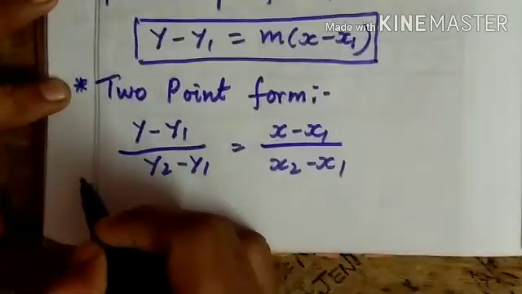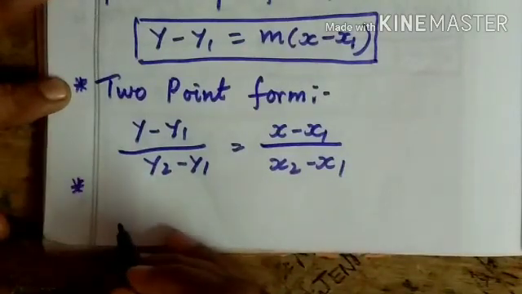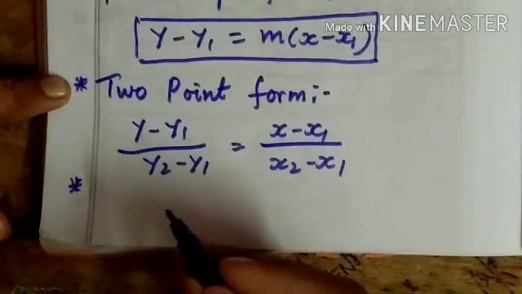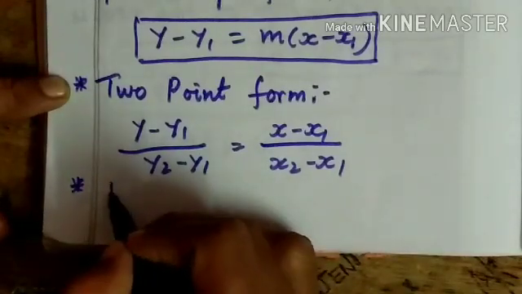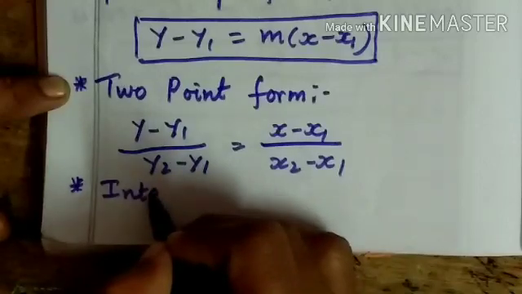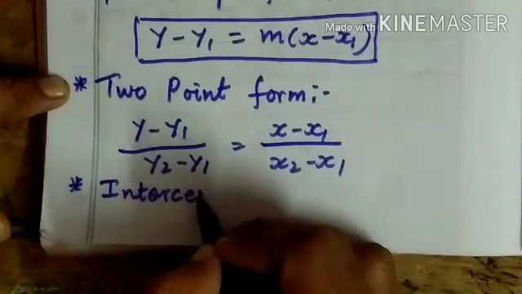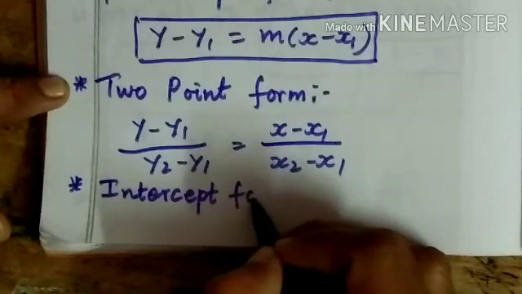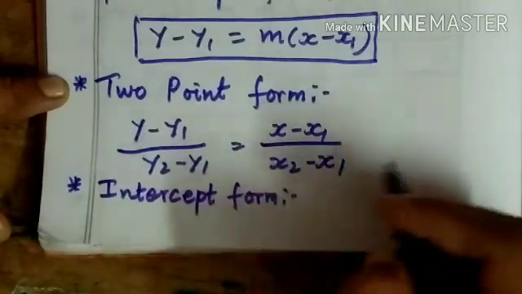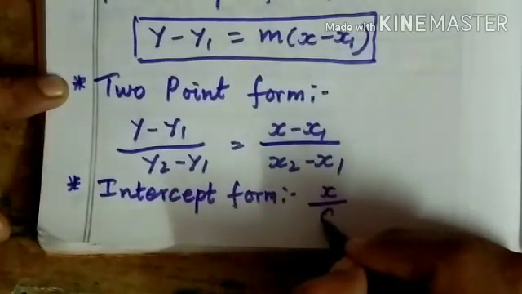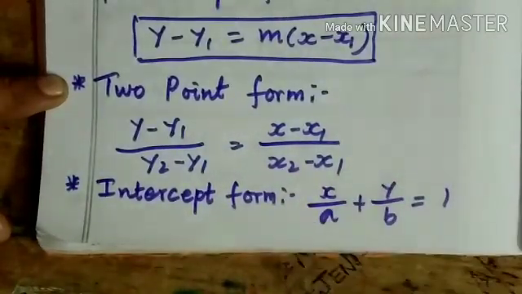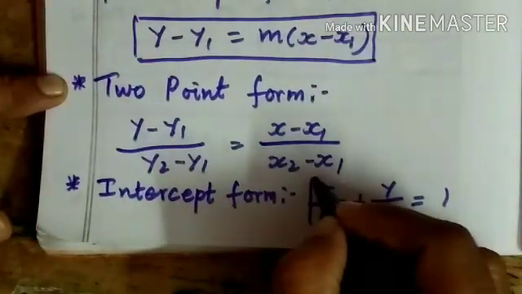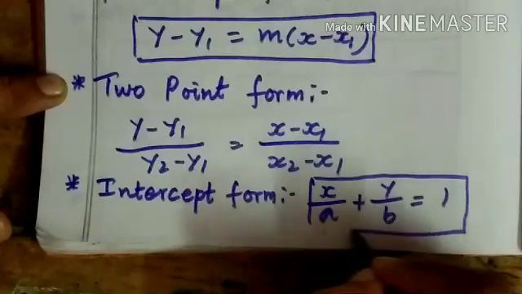If a straight line has x-intercept a and y-intercept b, then the equation of the straight line by intercept form is x by a plus y by b is equal to 1. These are the important formulas to find the equation of the straight line.